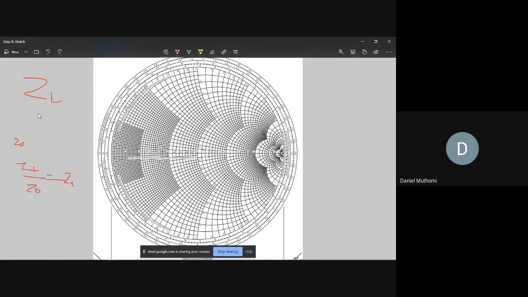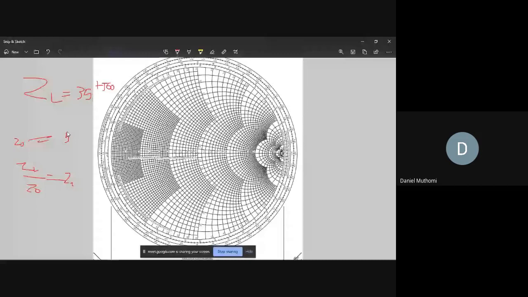So I'll use an example where our ZL is 35 plus J 60, and our Z naught will be 50 ohm.